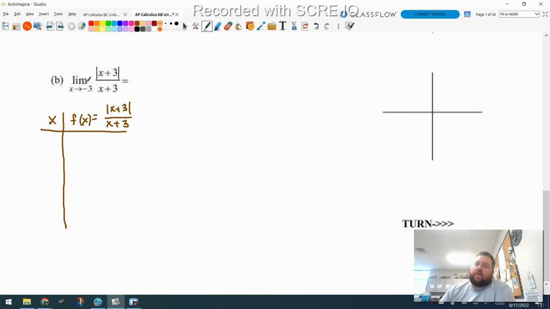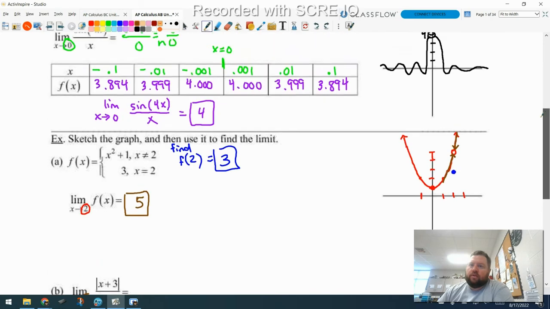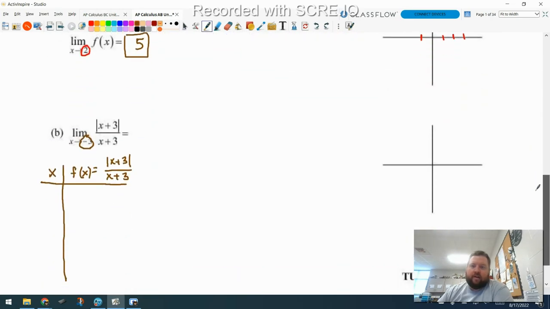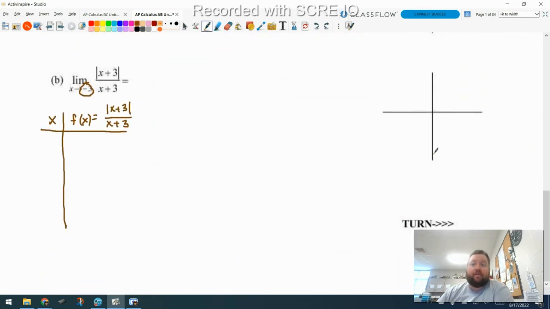So x equals -3 is our point of interest. Now, we are not doing a table like we did up here. I'm just making a table so we can create a graph on the right. I'm just going to pick a couple numbers to the left of -3, like -5 and -4.